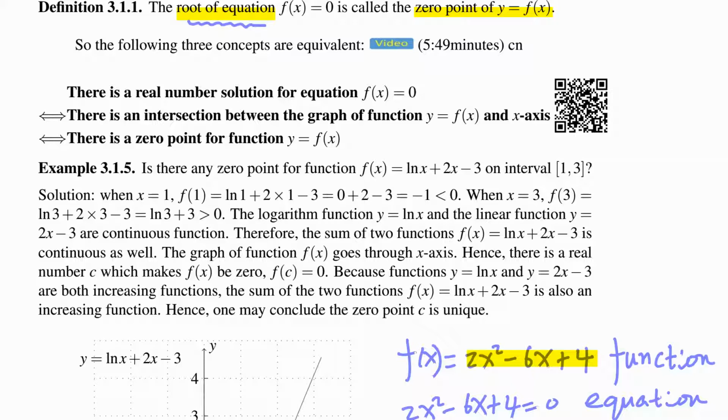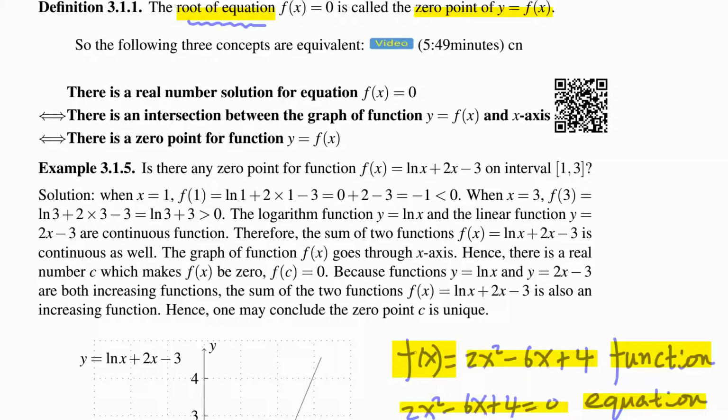If we let this expression equal f of x, then f of x equals this expression will be the function. We may also let this expression 2x squared minus 6x plus 4 equal 0. Then this will be the corresponding equation.